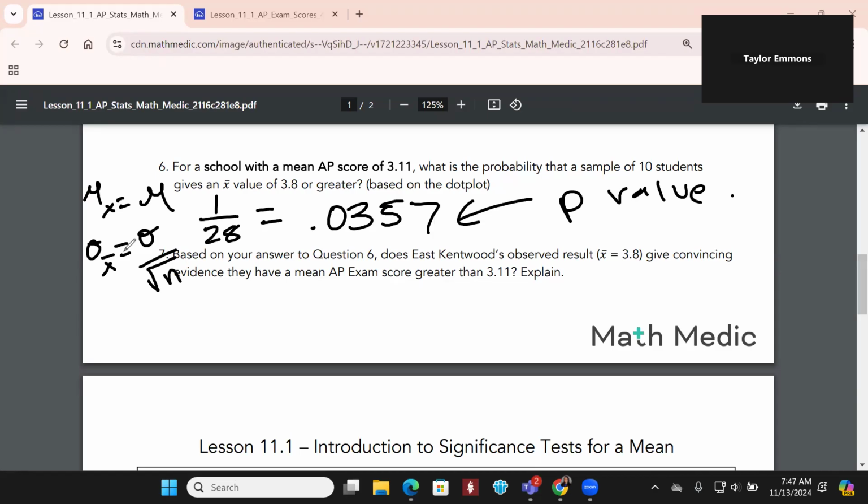Based on your answer to question 6, does East Kentwood's observed result of x bar equals 3.8 give convincing evidence that they have a mean AP score greater than 3.11? Why? Okay. So we reject the null, which means what? We have convincing evidence of what?